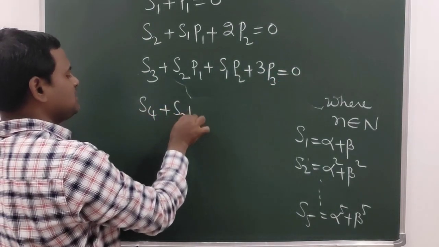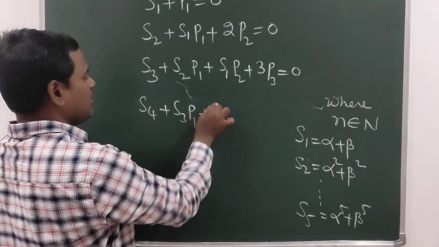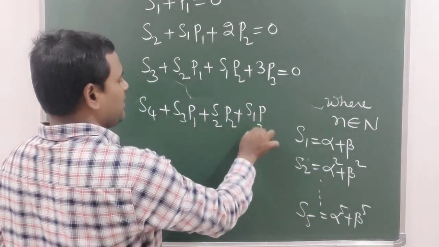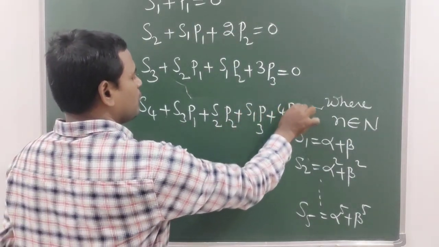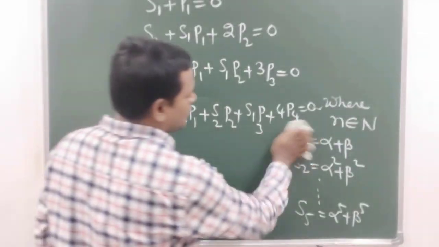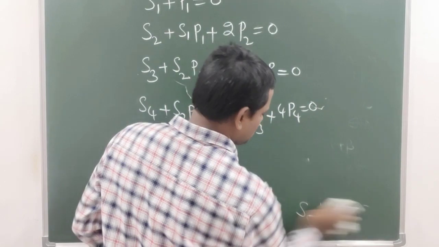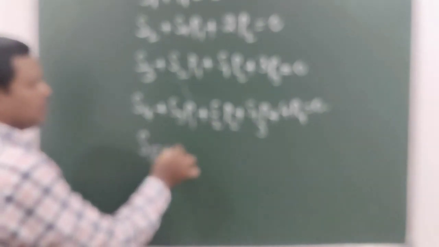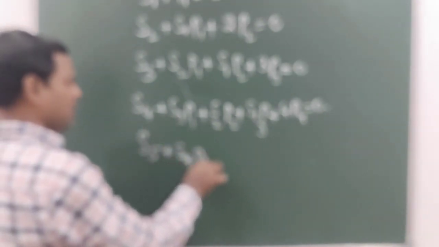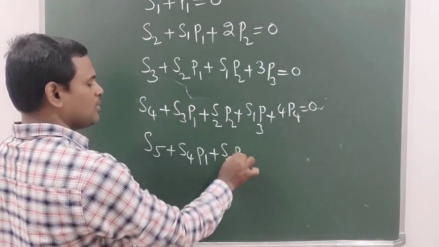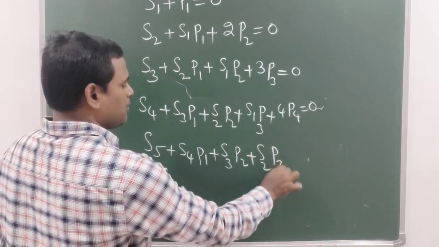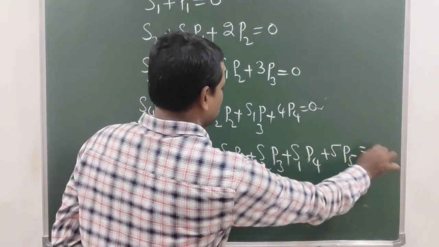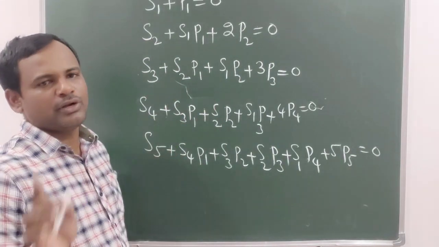S4 plus S3 P1 plus S2 P2 plus S1 P3 plus 4 P4 equal to 0. Next step, S5 plus S4 P1 plus S3 P2 plus S2 P3 plus S1 P4 plus 5 P5 equal to 0, and so on. This procedure we have to continue.